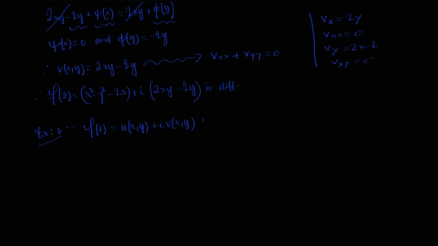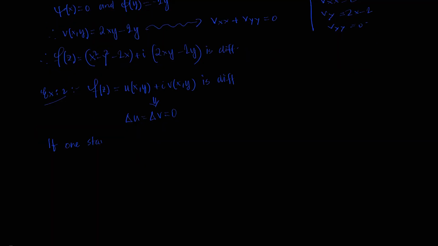If this is differentiable, that will imply that the Laplacian of u equals the Laplacian of v equals 0. So if one starts with a u(x,y) which does not satisfy this, there are many things which do not satisfy this. Let's say x square plus y square, this function does not satisfy Laplace u equals 0.